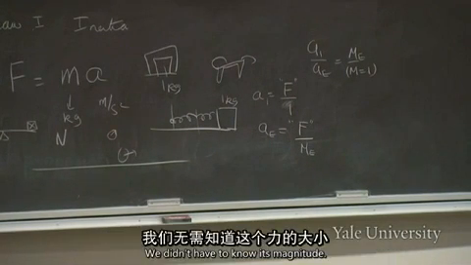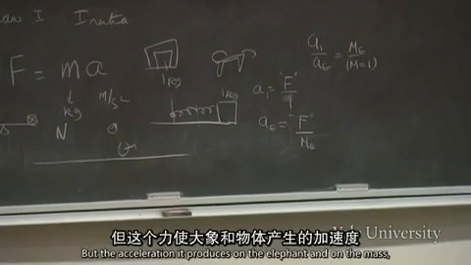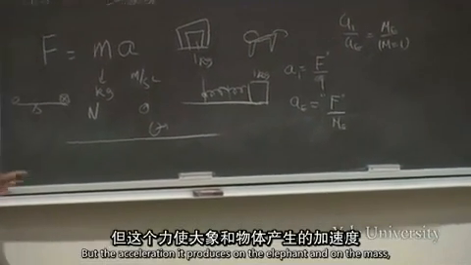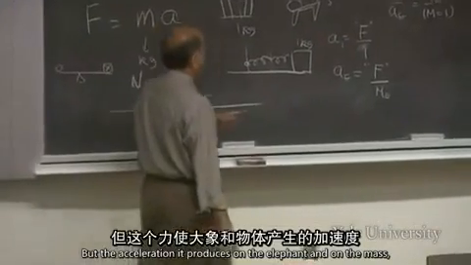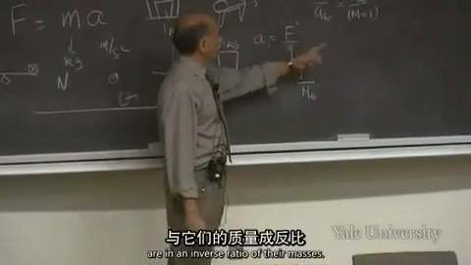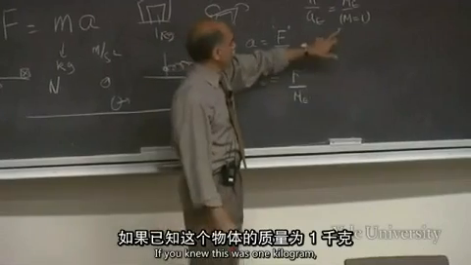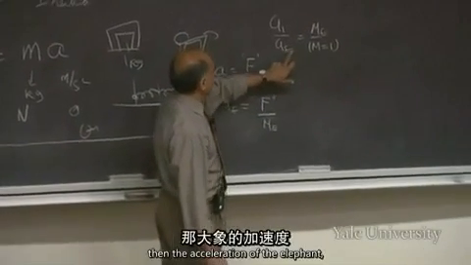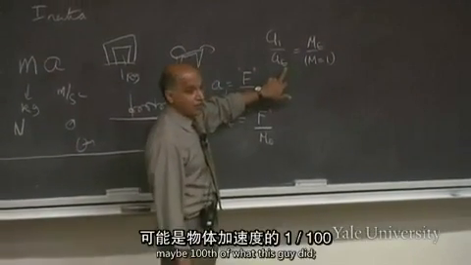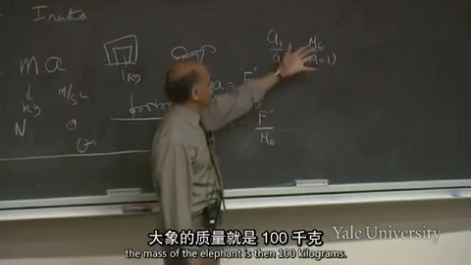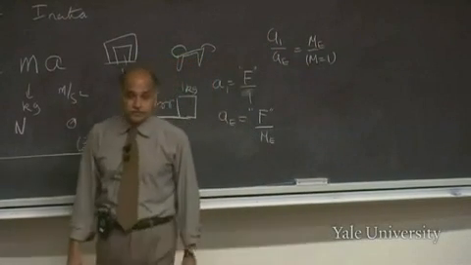We didn't have to know its magnitude. But the accelerations it produces on the elephant and on the mass are in the inverse ratio of their masses. So if you knew this was 1 kilogram, then the acceleration of the elephant, which will be some tiny number, maybe 1/100th of what this guy did, the mass of the elephant is then 100 kilograms.